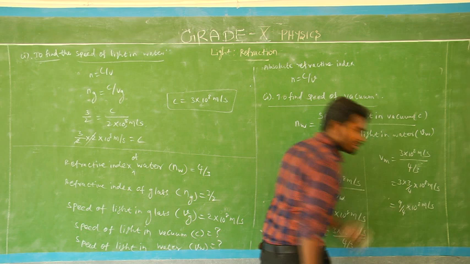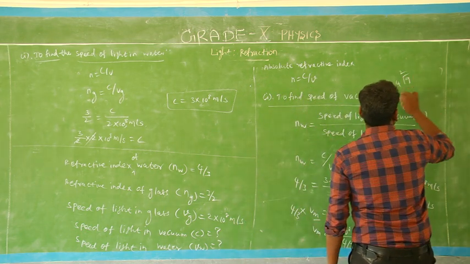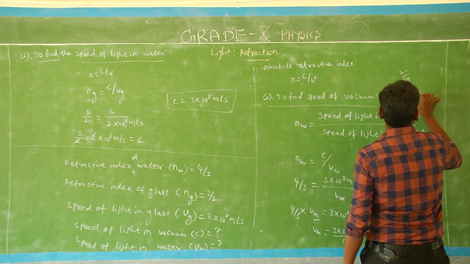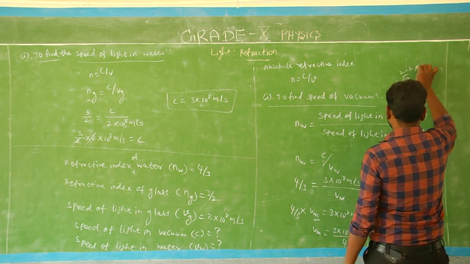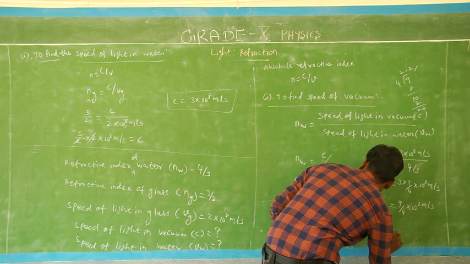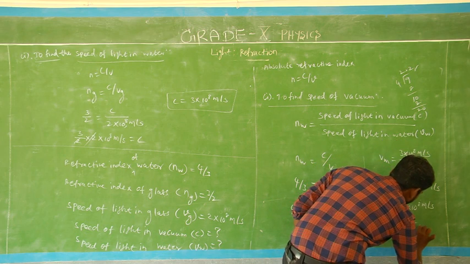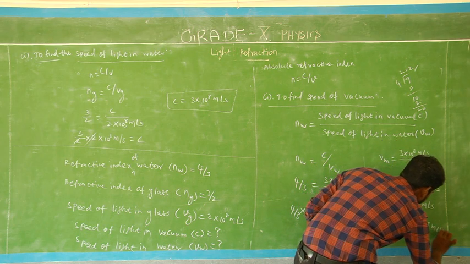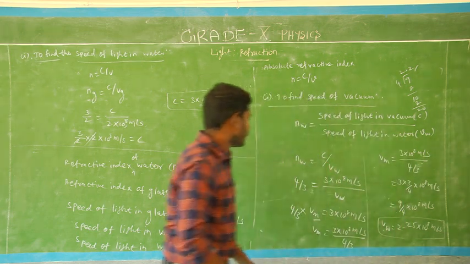Further, 9 divided by 4 gives 2.25. So this is equal to 2.25 into 10 to the power of 8 meter per second.